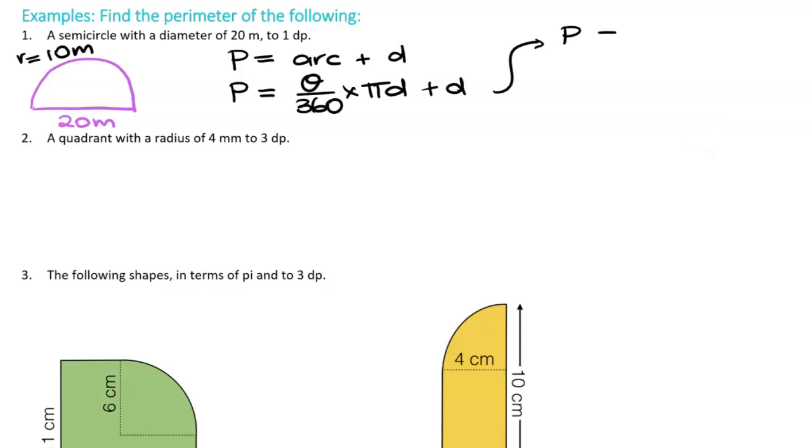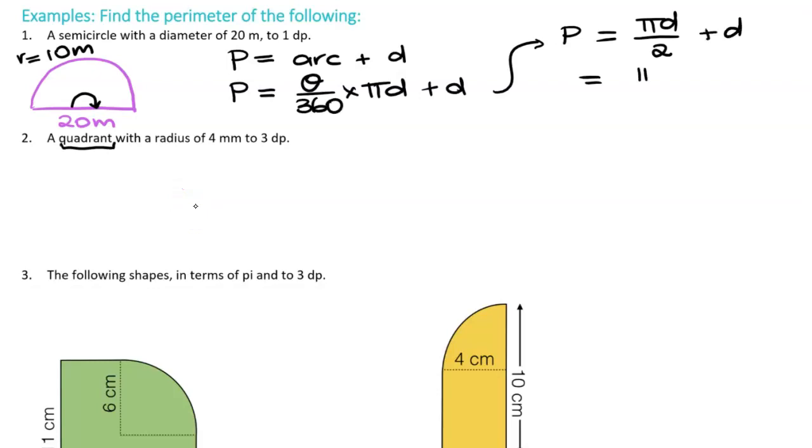So perimeter equals, what is the angle in our semicircle here? Hopefully you recognize that's 180. Now we know 180 over 360 will be a half. So you could just write that as a half pi d. Some people even like to write it as pi d over 2. So pi d over 2 plus d.